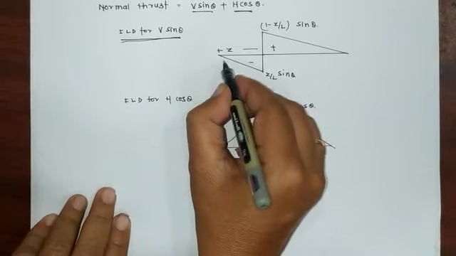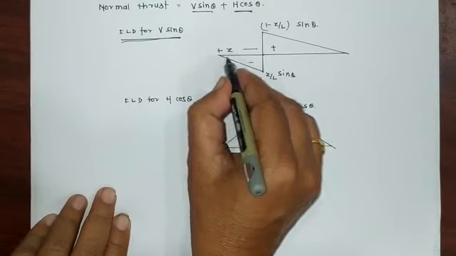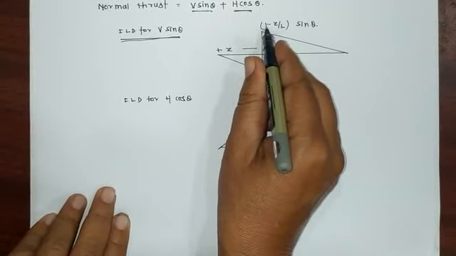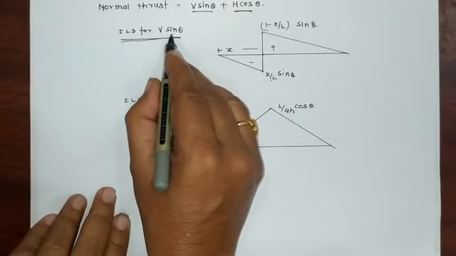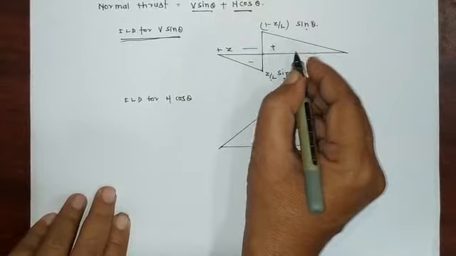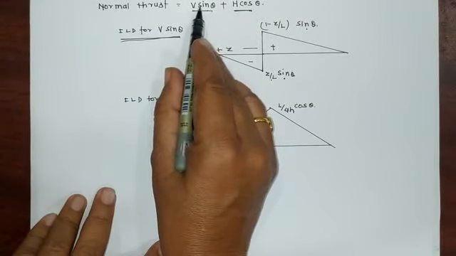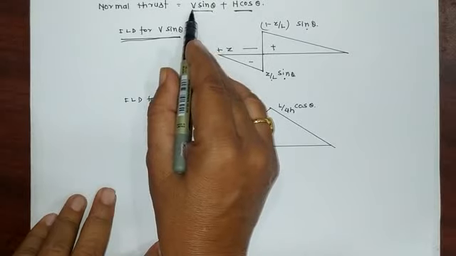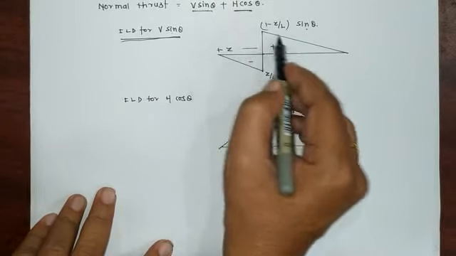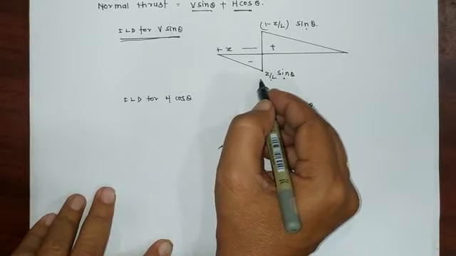We know the ILD for V, that is shear force: here it is Z by L, and this is minus 1 minus Z by L. Now multiply by sin theta here and here. So we got the ILD for V sin theta, on the same line as the previous one, V cos theta. So the ILD for V sin theta is like this.